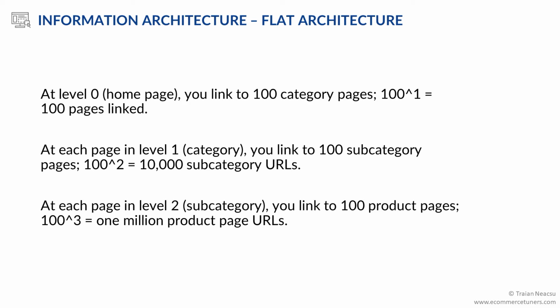From each page at level 2, which are the subcategory pages, you link to 100 product pages. From this level, you can link to 1 million product URLs. So in 3 hops, search engines can reach, crawl, and eventually index 1 million pages. Please note that the 100 links per page example was used as a guide only. In practice, you can have more or less links depending on your site authority.